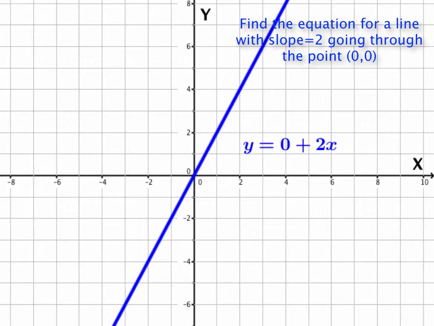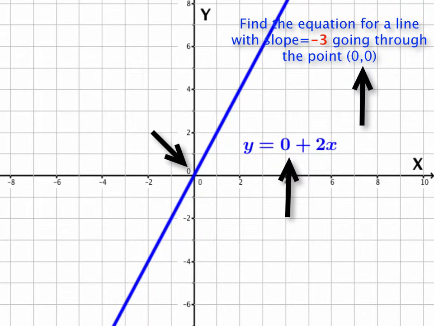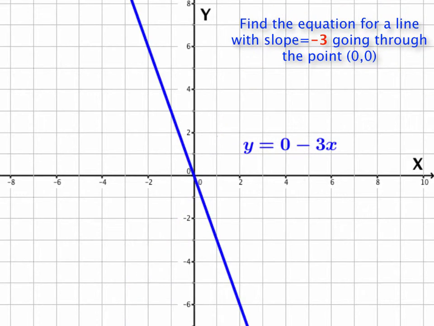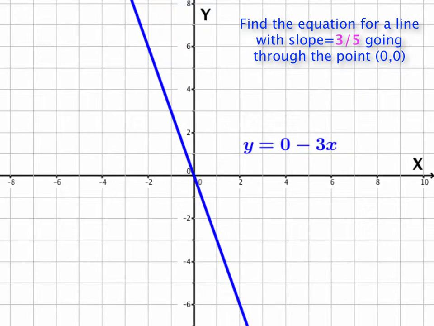All right, what if we wanted to have a line whose slope was negative 3, but still had the same y-intercept? I think the only difference in the equation would be that we have y equals 0 minus 3x, or just y equals negative 3x. Not so bad, and perhaps we see a trend developing. What if we wanted the slope to be 3/5, still containing the point 0, 0?